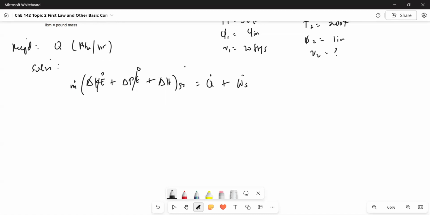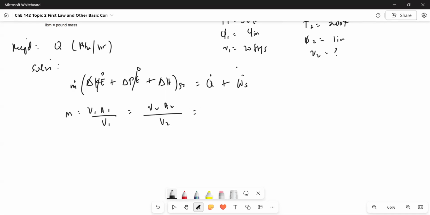And since this is a steady state, using the continuity equation, the mass flow rate is just the velocity times area over the specific volume, and this is equal at both ends of the compressor. Okay, so you can substitute for everything that is known for the inlet. We have V1, A from the diameter 1 at the inlet, and the specific volume.